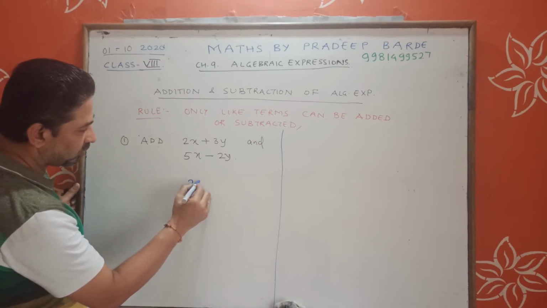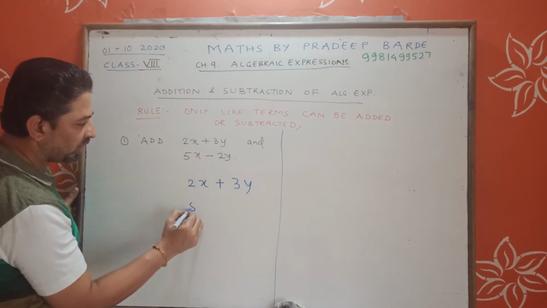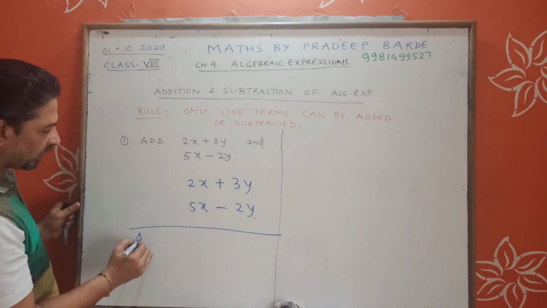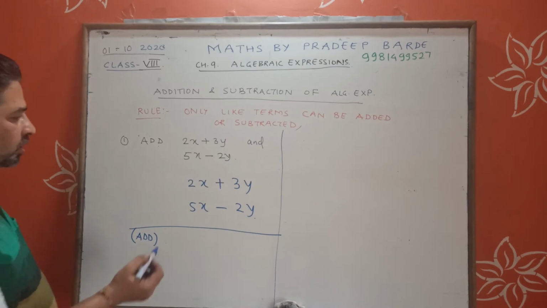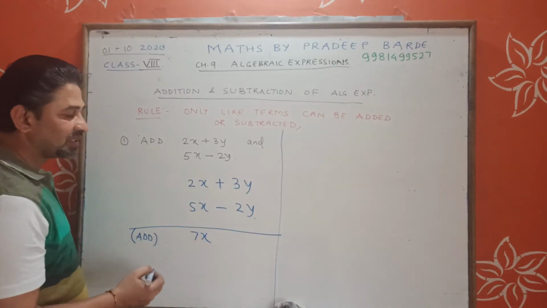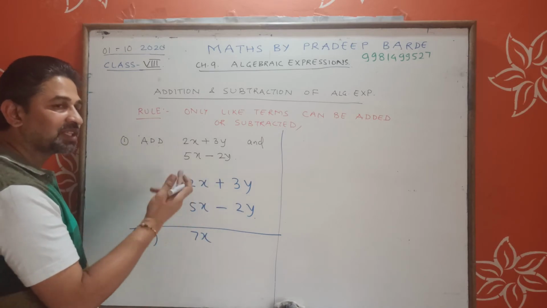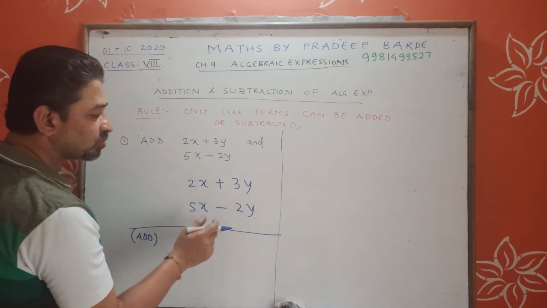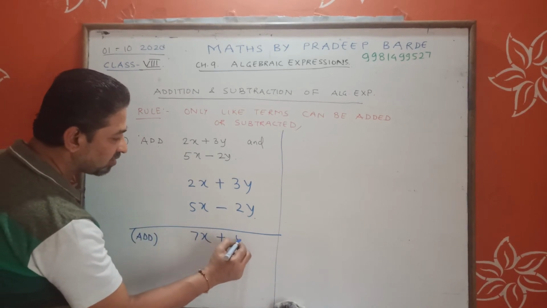So if you have 2x plus 3y and the other is 5x minus 2y, you have to add. So it's simple addition, children. 2x plus 5x, this is 7x. Consider the sign as well. Now 3y minus 2y, 3 minus 2 is 1, and the sign of the bigger number is positive, so the plus sign will come, and y.